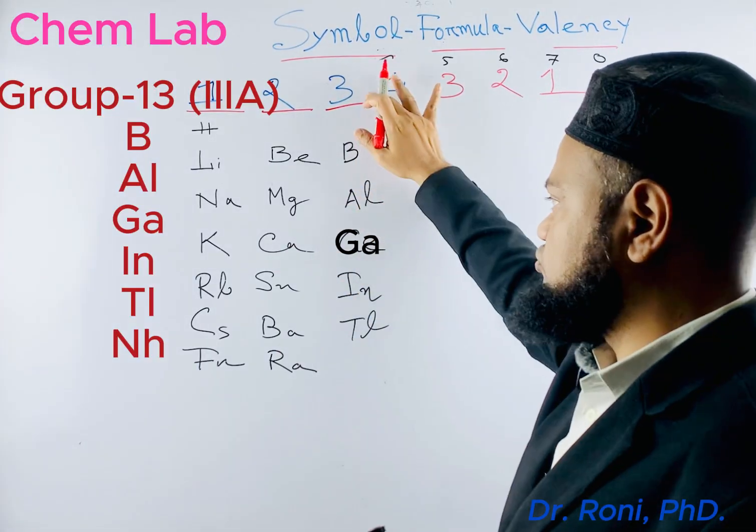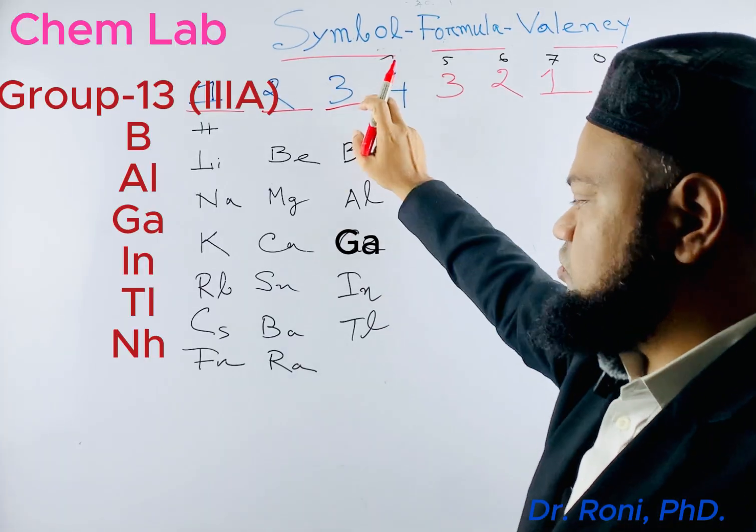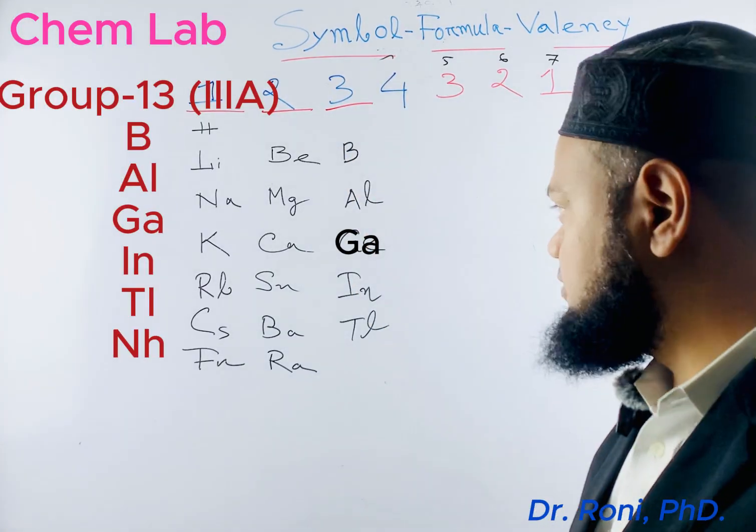So boron valency 3, aluminum 3, gallium 3, indium 3, thallium 3. Clear?